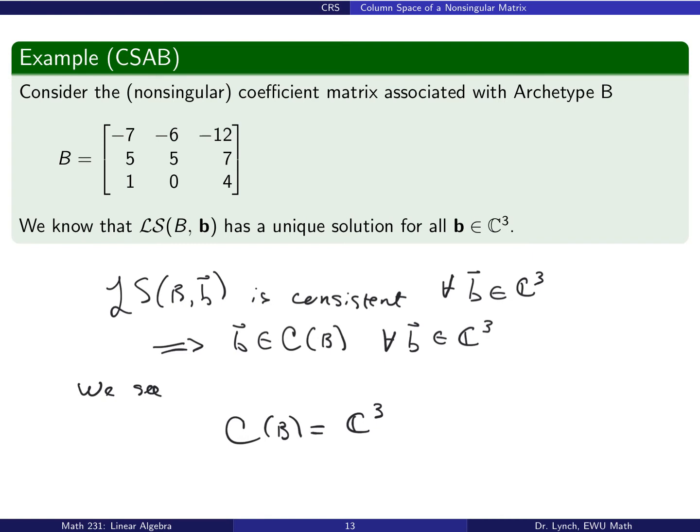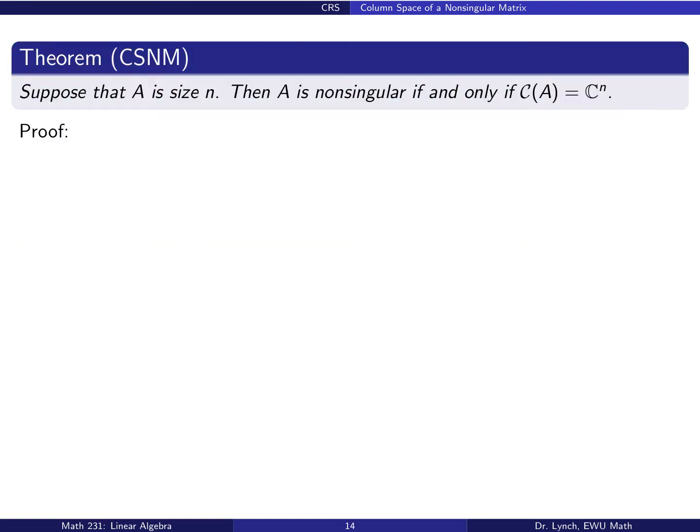Now, this happens to be a characteristic of all non-singular matrices. There's a theorem: if A is size n, then A is non-singular if and only if the column space of A is equal to all of Cn. I'll state this theorem without proof, but the proof is similar to what we just did.